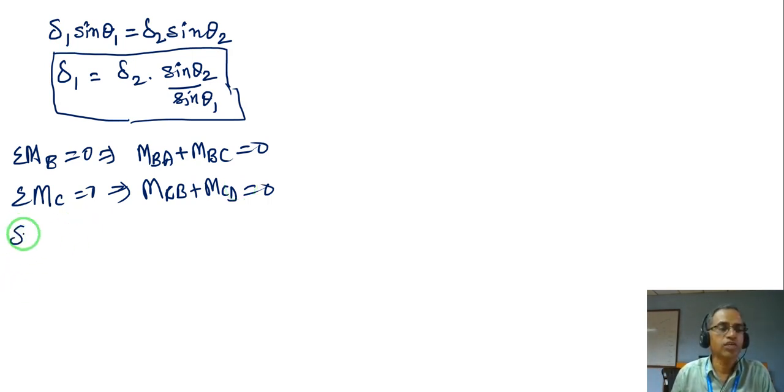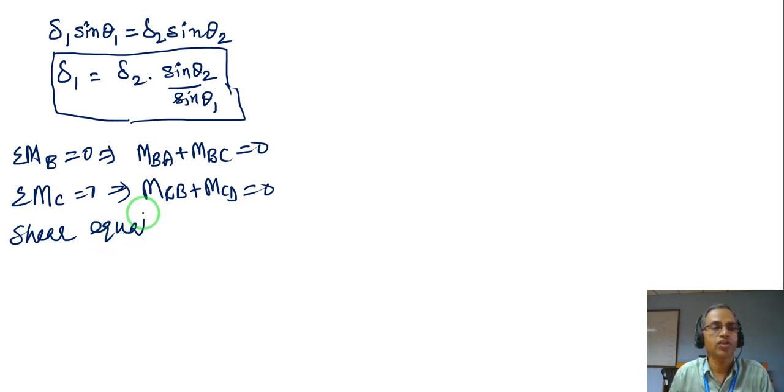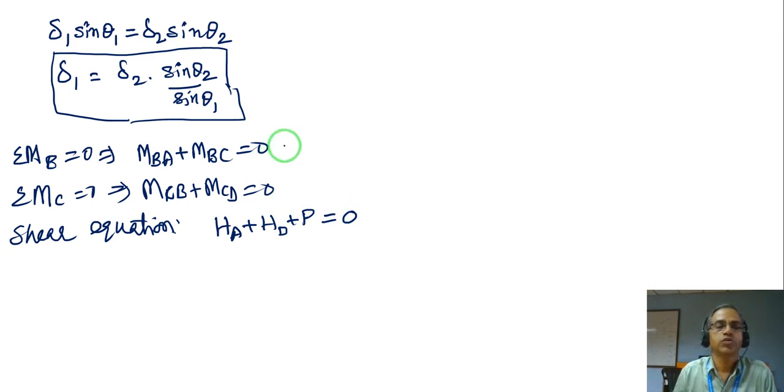Then the shear equation, which is the total horizontal force, HA plus HD plus any horizontal force, must be equal to 0. So these three equations are sufficient to solve the problem.